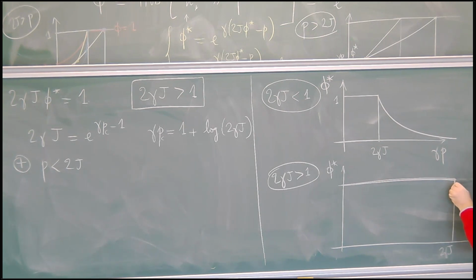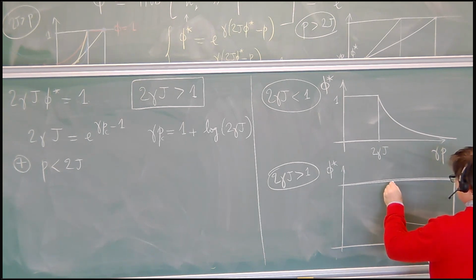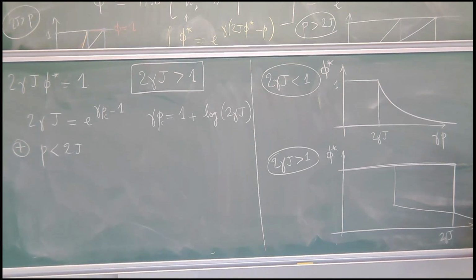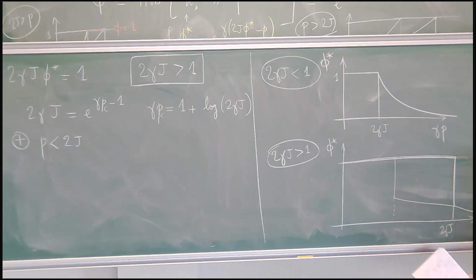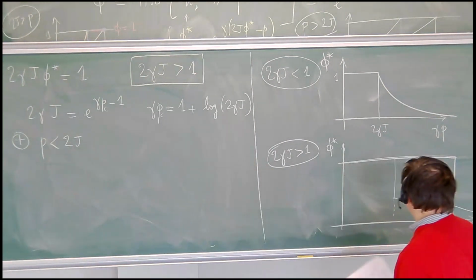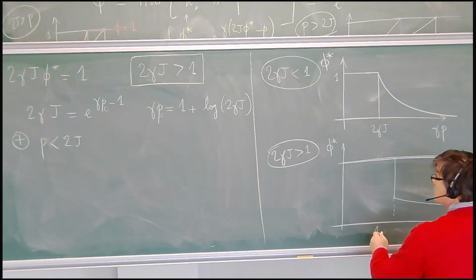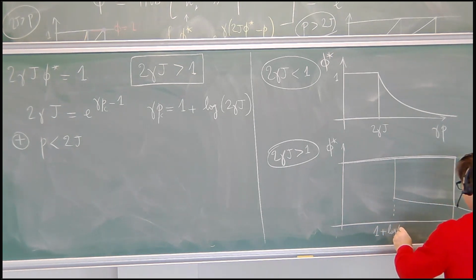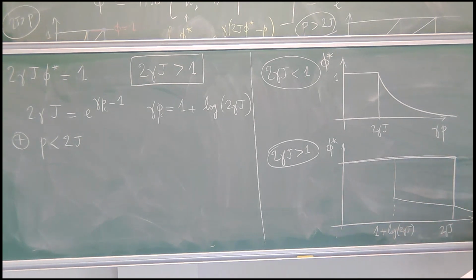And then here it jumps to a curve that goes down like this. But now I have the same issue as before. I have a hysteresis, and the hysteresis curve can be computed, and it looks like this. And this point here is the point given by this equation. So it's 1 plus log of 2 gamma j. Okay.